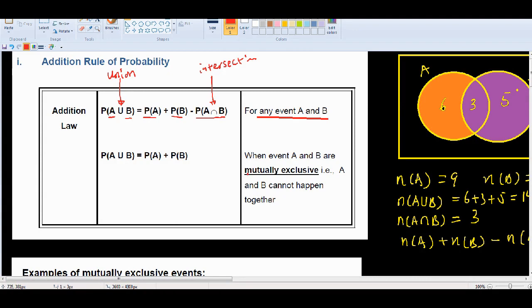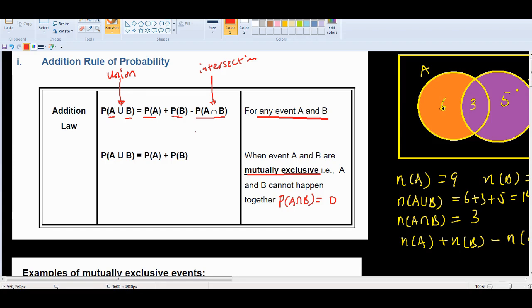But there are some events we call mutually exclusive. Mutually exclusive means A and B cannot happen together. In terms of probability, that means the intersection of A and B has probability 0 because they can't happen together. So when you ask for A intersection B, there's no intersection actually, so the probability of that is 0.